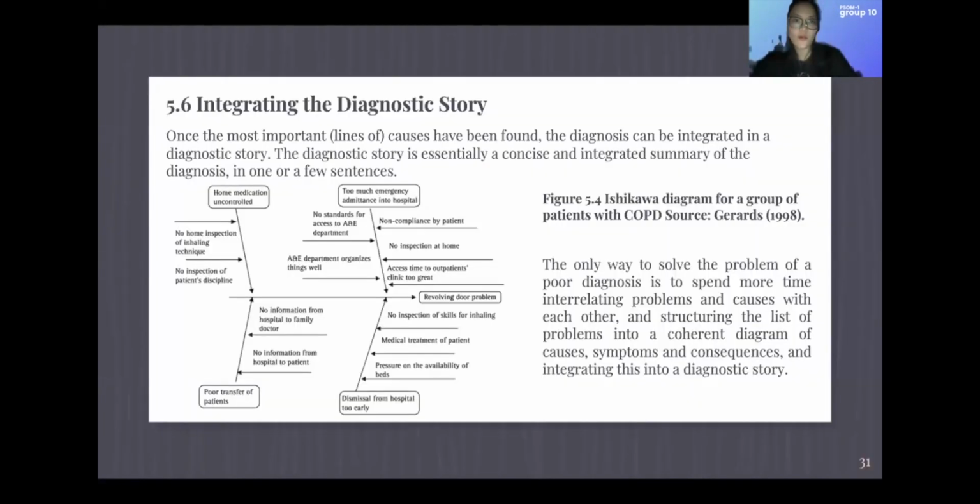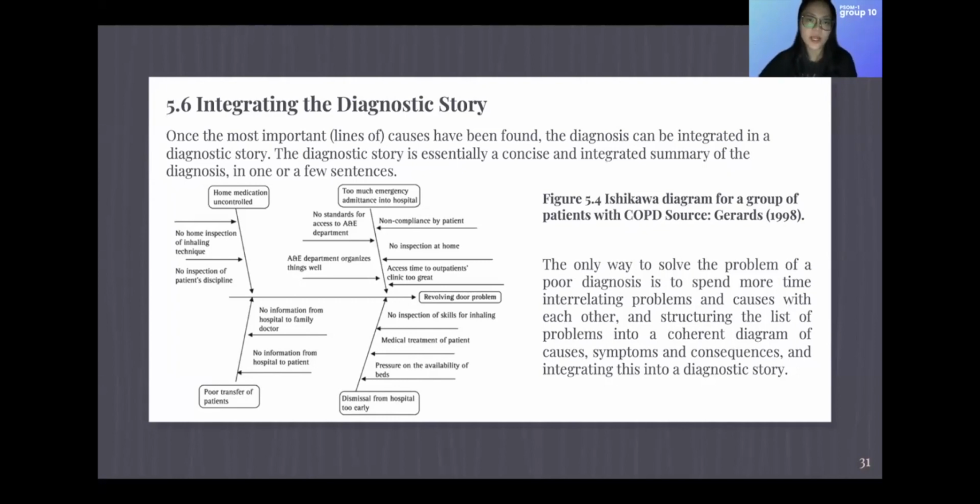Once the most important causes have been found, the diagnosis can be integrated into a diagnosis story, and the diagnosis story becomes a concise and integrated summary of the diagnosis in one or a few sentences. And the figure is an example of an integrated diagnostic story.